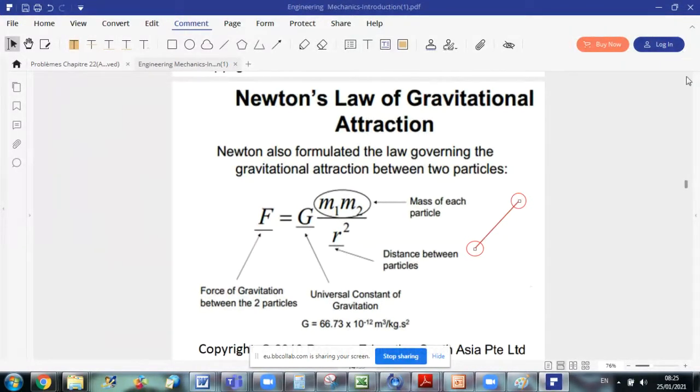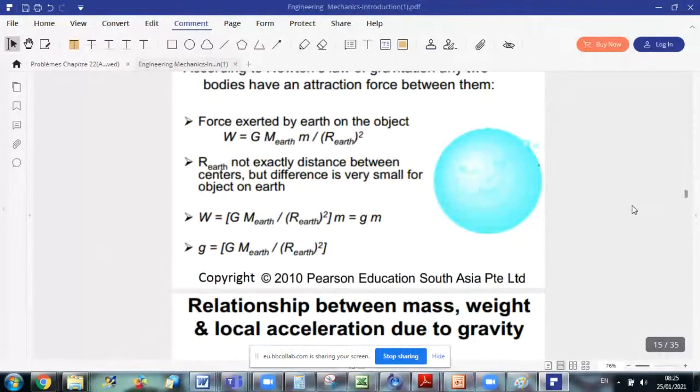Look, I will write it here. If I consider as an application of this formula the Earth and any particle of mass m, and I want to find the weight, then the weight is the attraction force between them, and it can be calculated as follows: G times mass of the Earth times mass of the particle over the distance between the center of the particle and the center of the Earth squared.